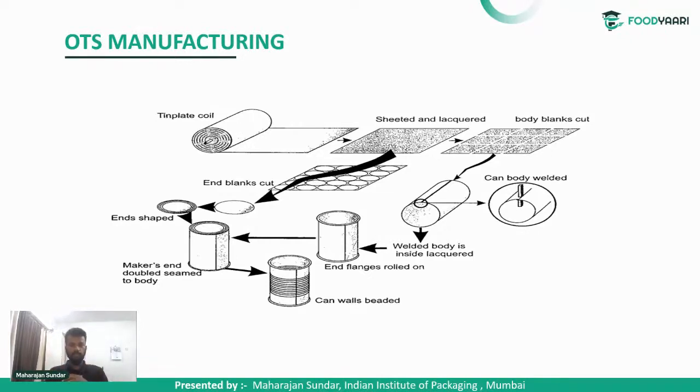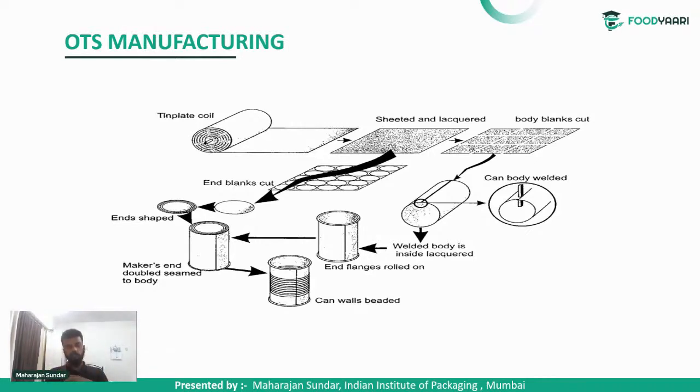Then after the flanges, the body will be beaded. Beaded in the sense, you all may have wondered why the tin plate containers which hold rasamalai or gulab jamun have a series of stripes, a series of circles in them.